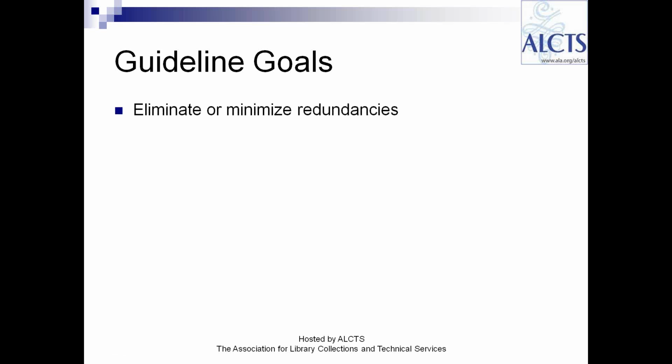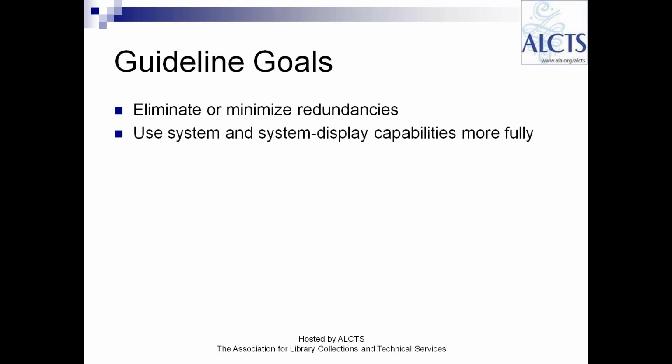One was to eliminate or minimize redundancies in the catalog record. We also hoped that ILS developers, that system developers, would develop their systems to more fully display the data that we were putting in records, to better display that data.